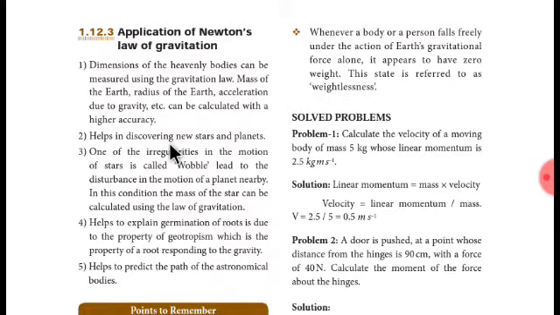Second point, helps in discovering new stars and planets. How they are doing that is totally a space related matter, ISRO, NASA things, so we don't need to dig into this more. Then one of the irregularities in the motion of stars is called wobble, and it leads to a disturbance in the motion of a planet nearby. In this condition, the mass of the star can be calculated using the law of gravitation.